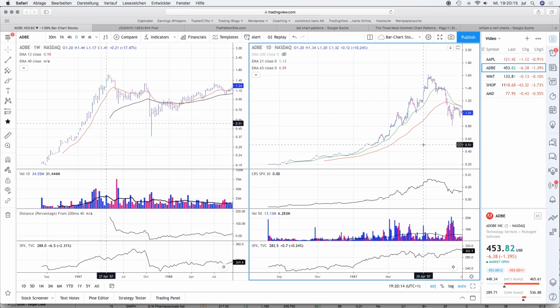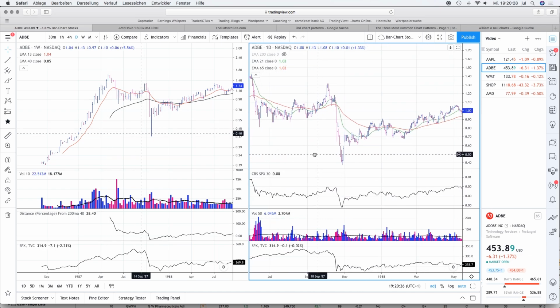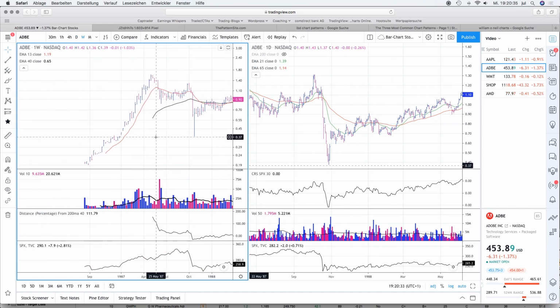So you have a very low price in that situation, but the volume is always the same. So that means also here in 1987 you have a very high volume in that stock from Adobe, but it was never traded at that price. It traded at higher prices.